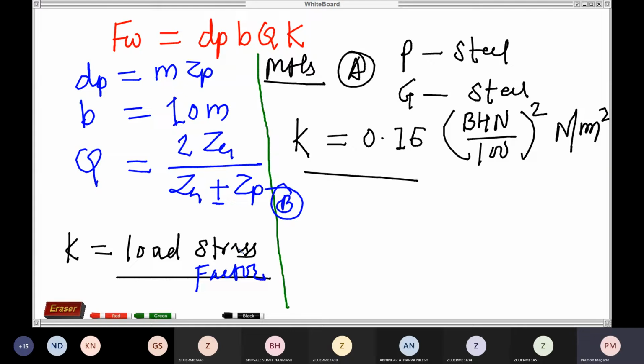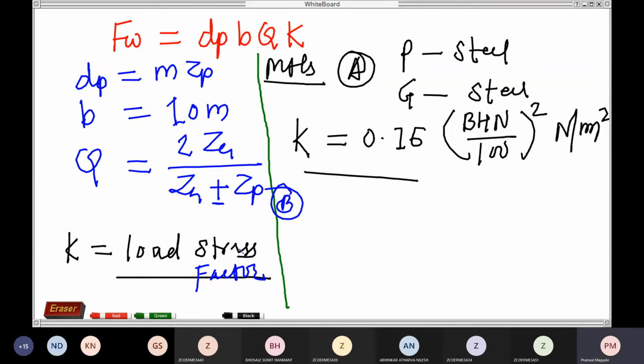Load stress factor, and under that write down: the maximum load is acting on the gear tooth.